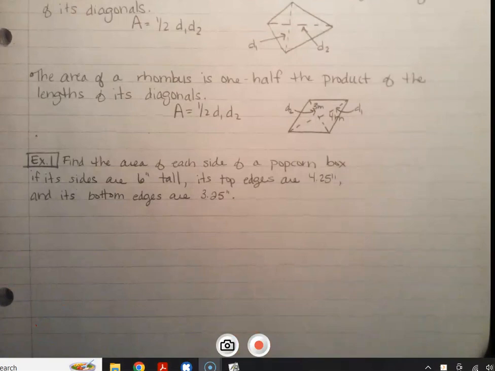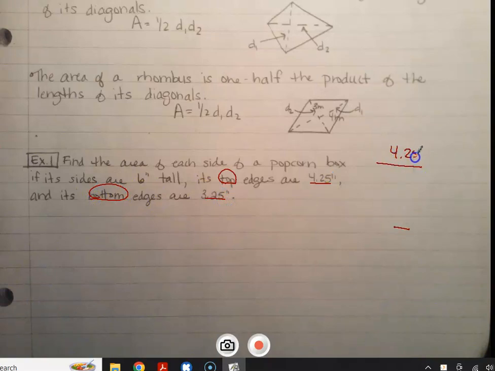Okay, example 1 says find the area of each side of the popcorn box if the sides are 6 inches tall, its top edges are 4.25 inches, and its bottom edges are 3.25 inches. All right, so it looks like the top here is 4.25 and the bottom is 3.25, so it's a little bigger on the top than it is on the bottom, right?